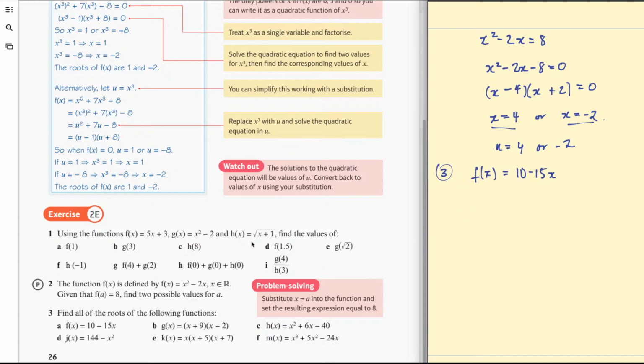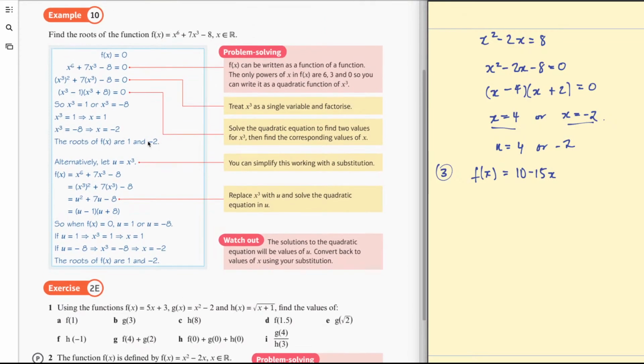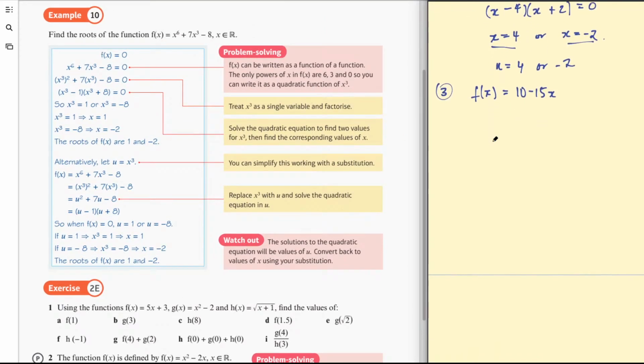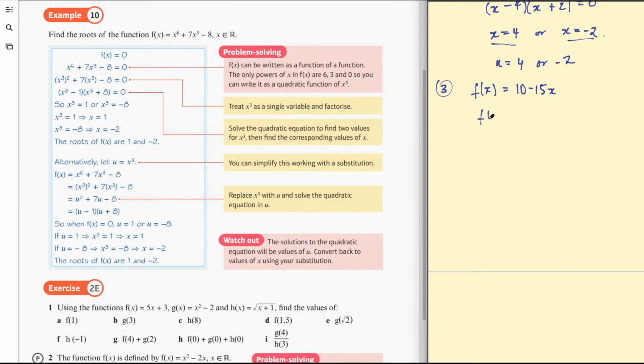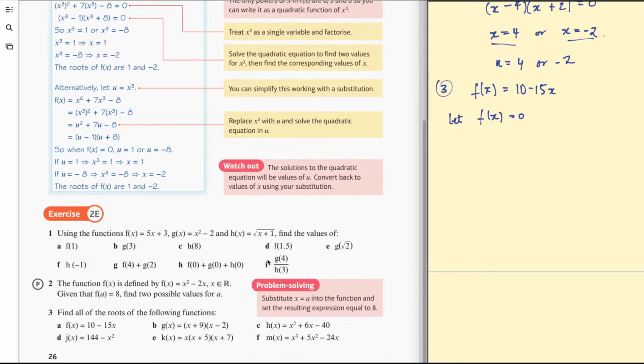So you could, well, let's see how they do it. Yeah, so they start off with that statement, f of x equals 0. I usually say let f of x equals 0, but I guess you can just say f of x equals 0. That's fine. Who really cares? And then therefore 10 take 15x equals 0.